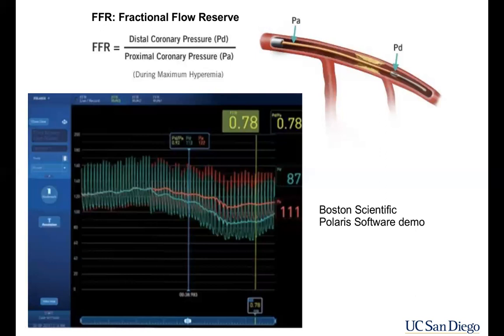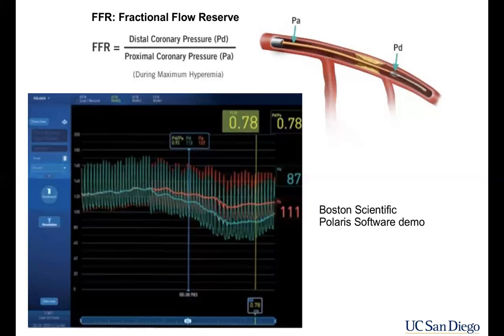While you're doing these measurements, you give the patient an agent that distends all of the smaller vessels such that the demand for blood flow is high. When the coronary blood flow should be at its highest, you will measure the highest pressure drop across this lesion.